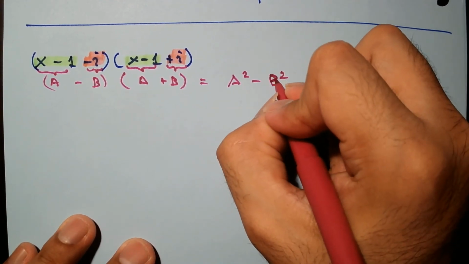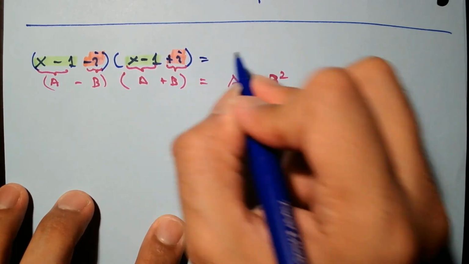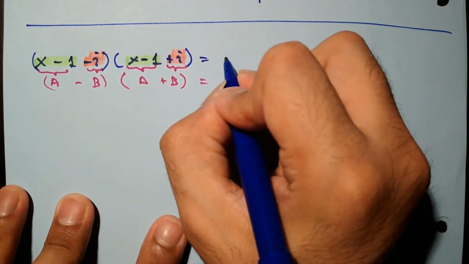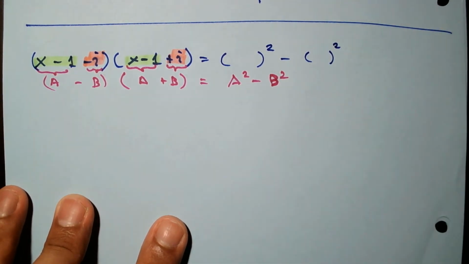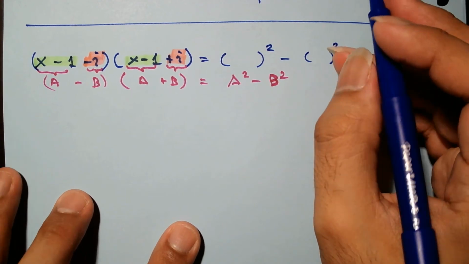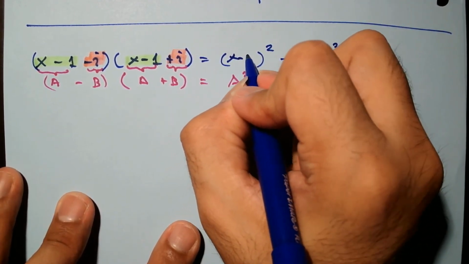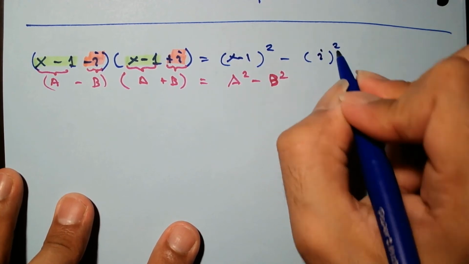Okay. So I'm going to do the following. I'm going to square x minus 1 minus the square of, in this case, simply i.